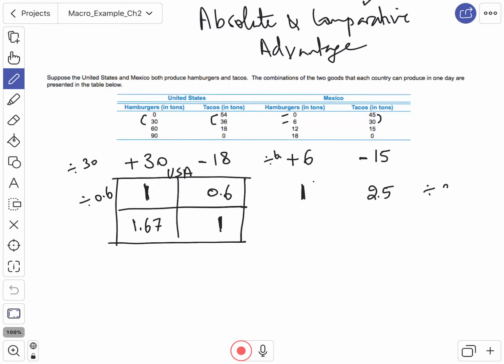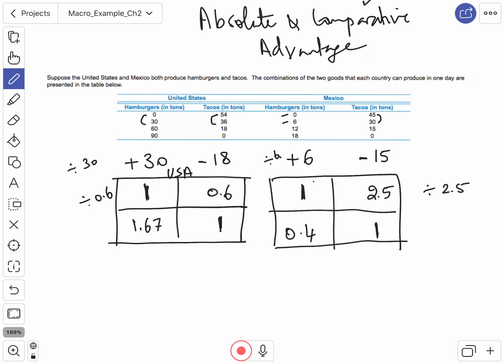Now divide by 2.5, so we can say that 1 unit of additional production of tacos implies 1 over 2.5, 0.4 cost in hamburger. So you can again have it this way, and this is about Mexico.